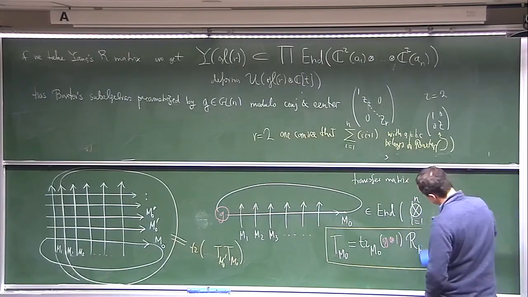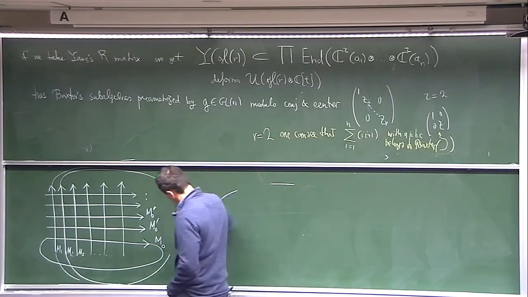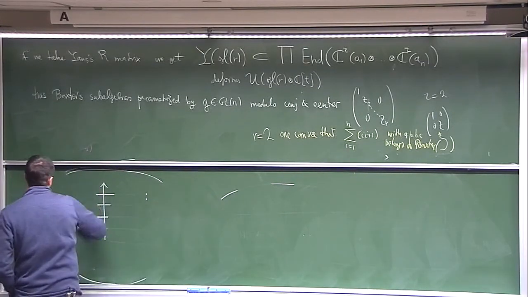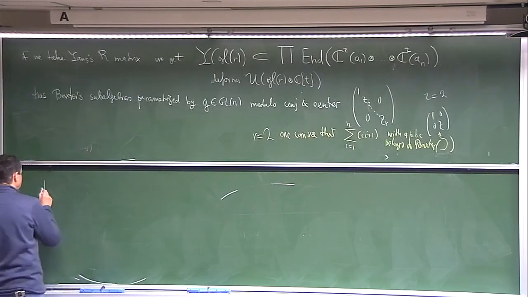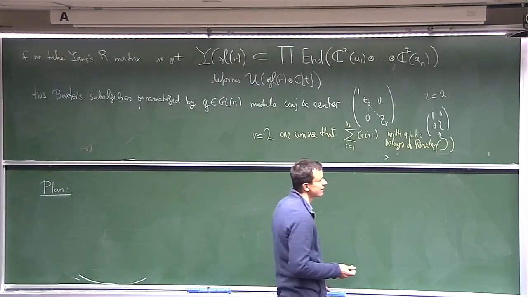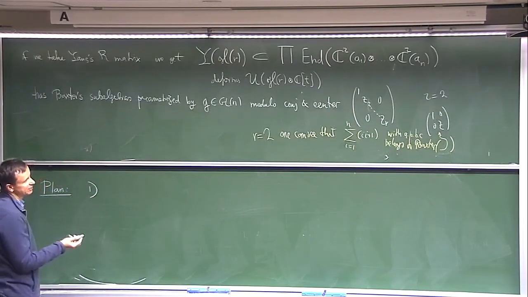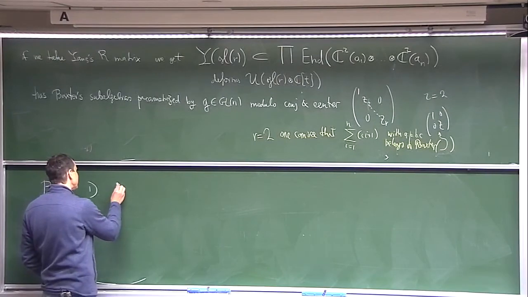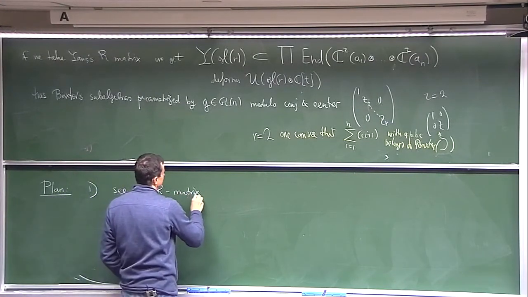So the plan for the remaining lecture. There's only one lecture remaining, and it's going to be a little tight. I think the plan consists of two things which we'll try to accomplish. The first is to construct this R matrix geometrically.